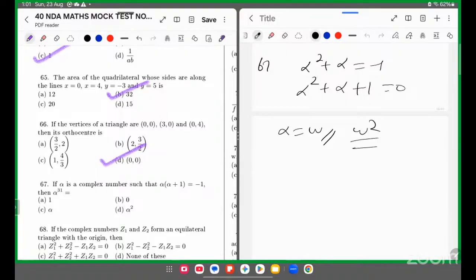Alpha equal to omega. Omega raised to 31 means omega raised to 1. Or omega square raised to 31 means omega raised to 62, so omega square.